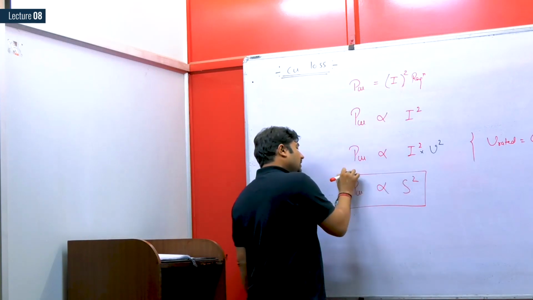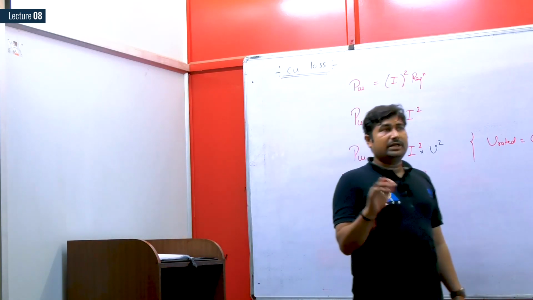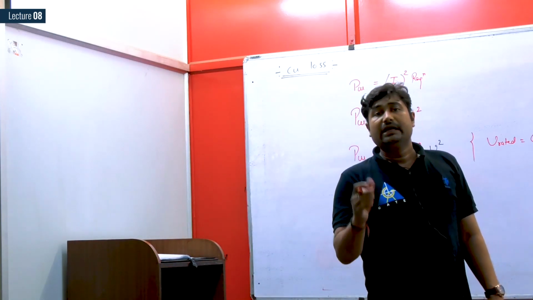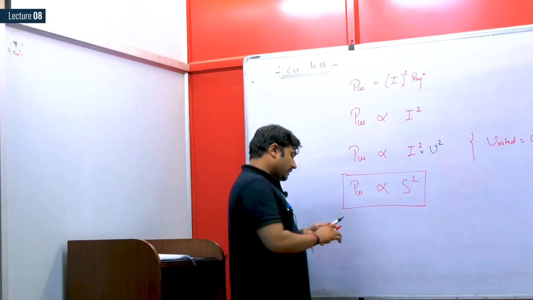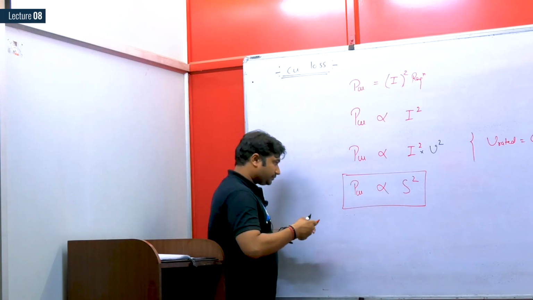So in case the transformer kVA is mentioned and operating kVA is mentioned, we can calculate the operating copper loss. For example, let us suppose a question.